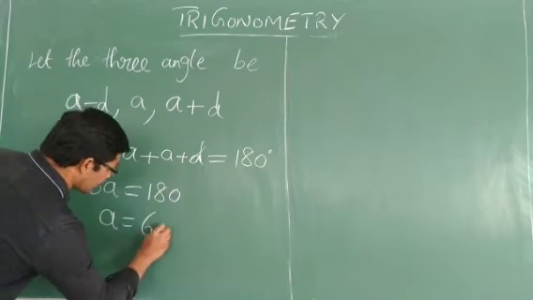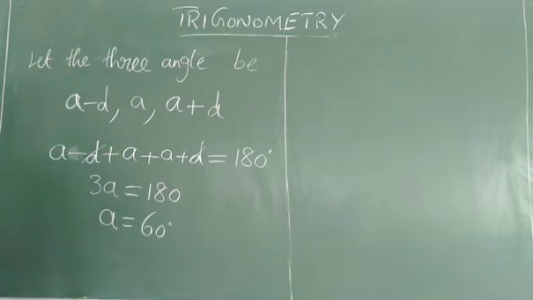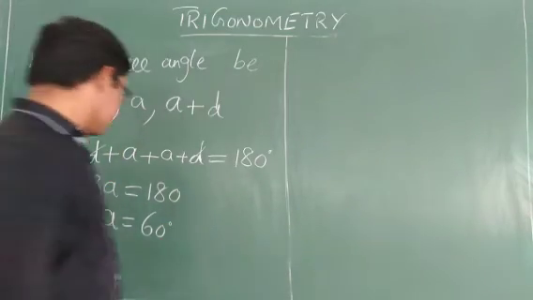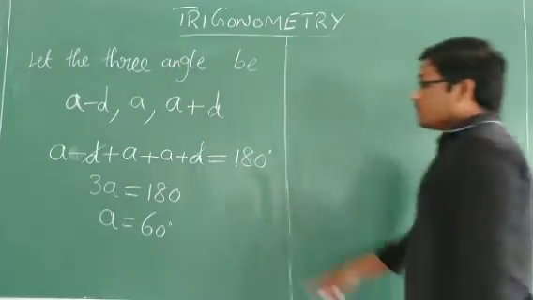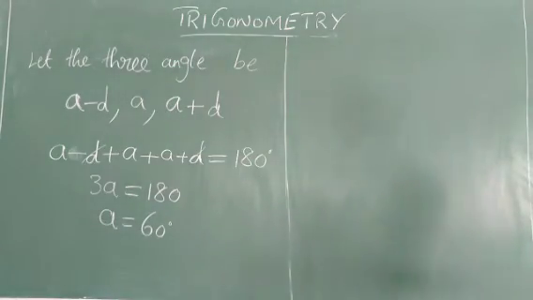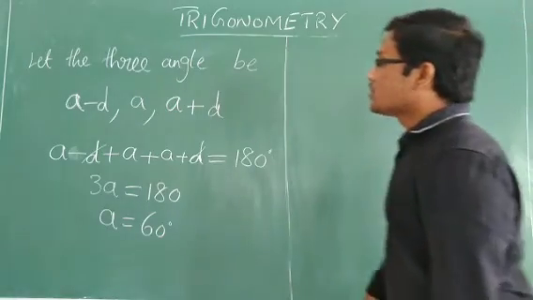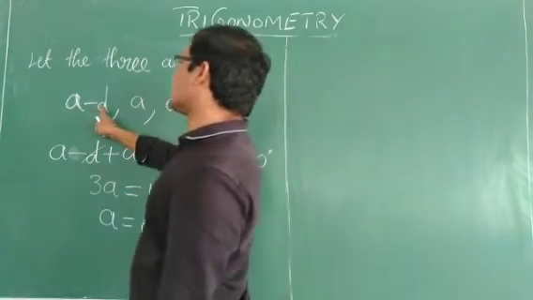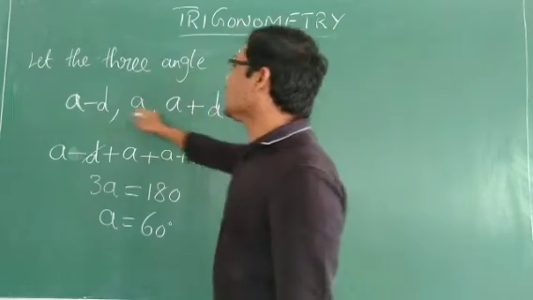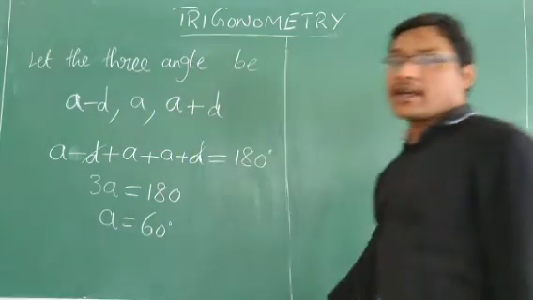So a is equal to 60 degrees. So this is one of the angles, that is a is equal to 60 degrees. Now we should also find out what d is. If we find d, we get all three angles.